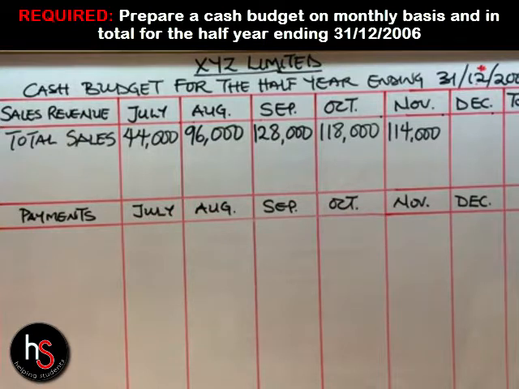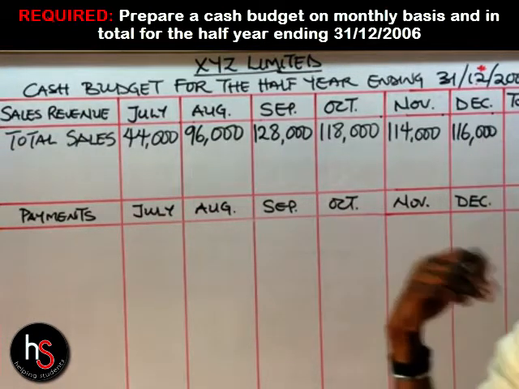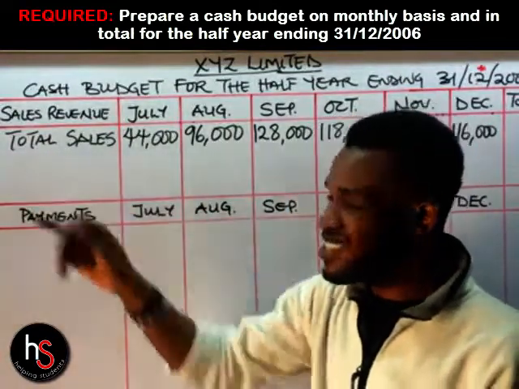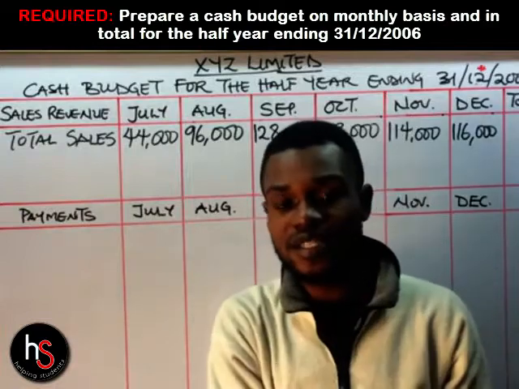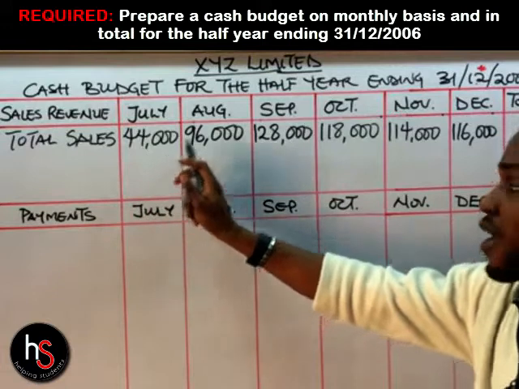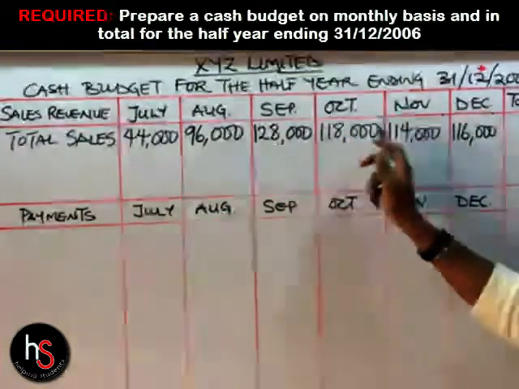And in December, we have 116,000. Go back to the question when we solved under the schedule collection. The total sales we had then, when we added the credit sales and the cash sales, was the total we had in July, August, September, October, November.